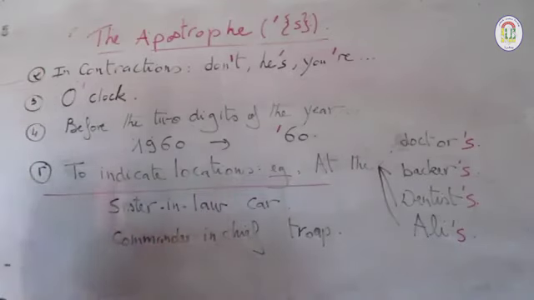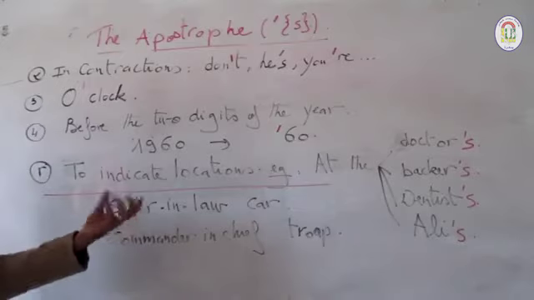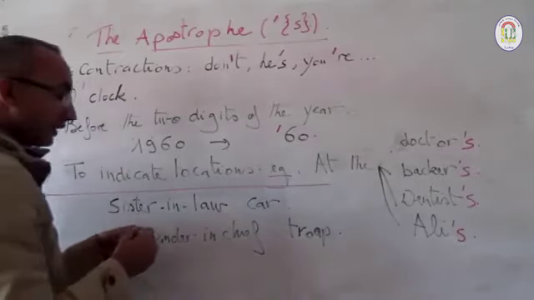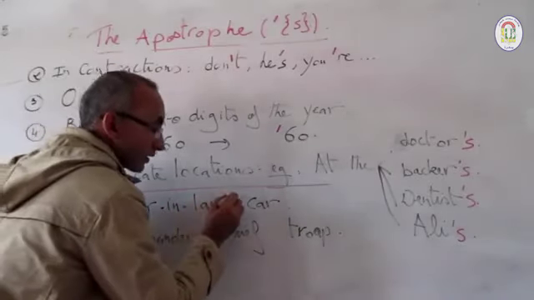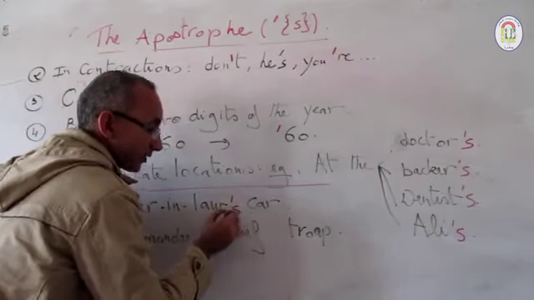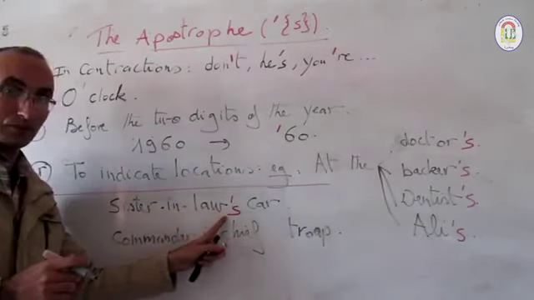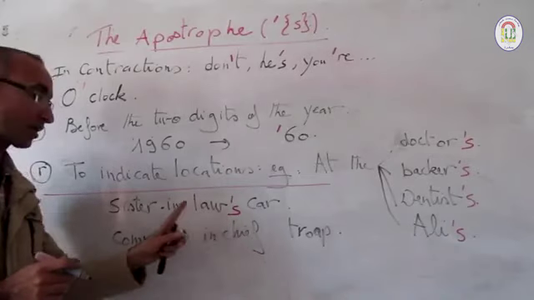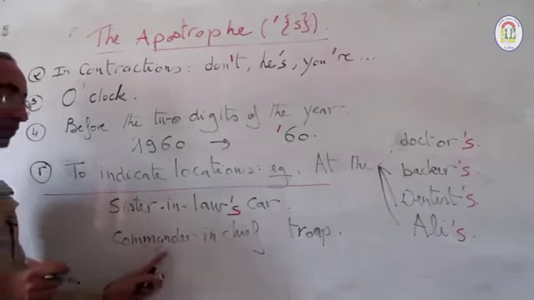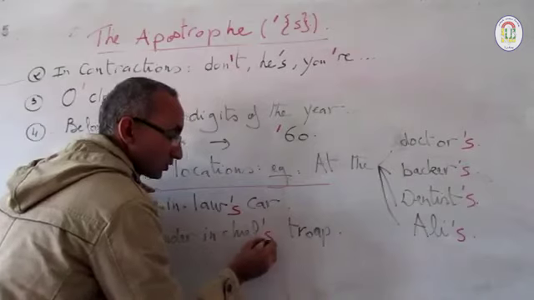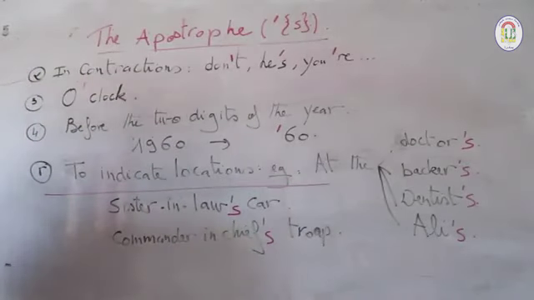So in case it is singular like this, we write sister-in-law's car. Clear? Here also, commander-in-chief's troop.